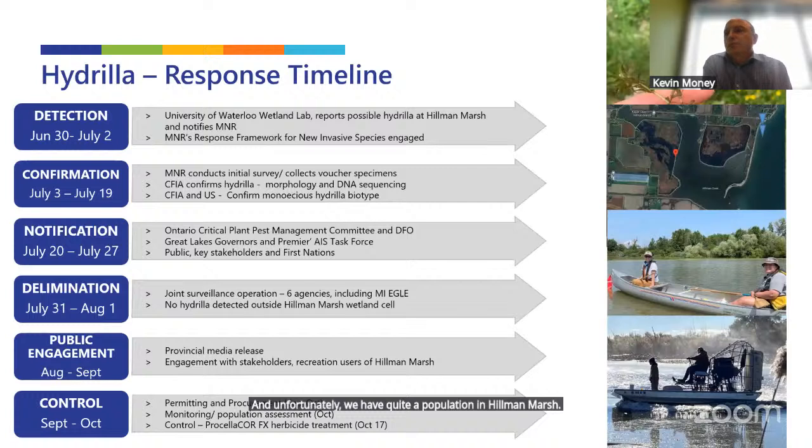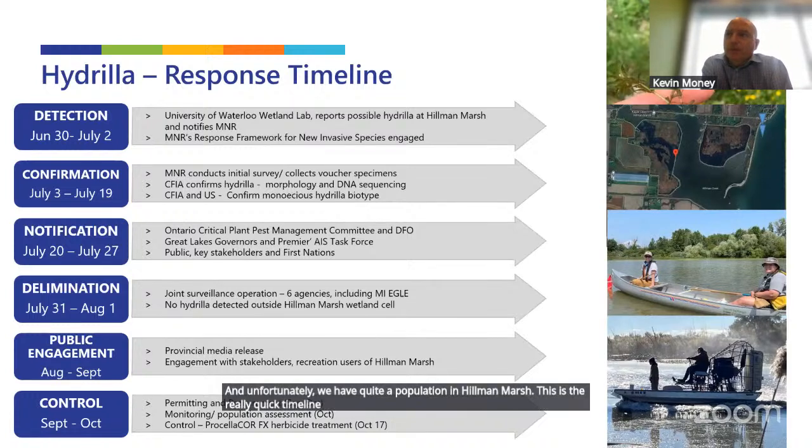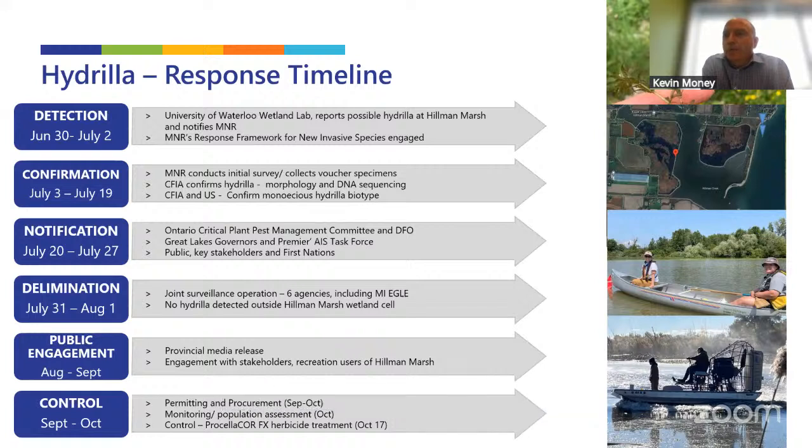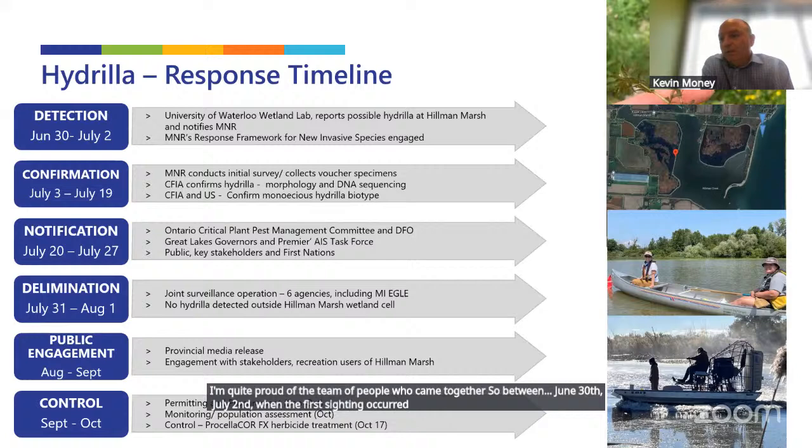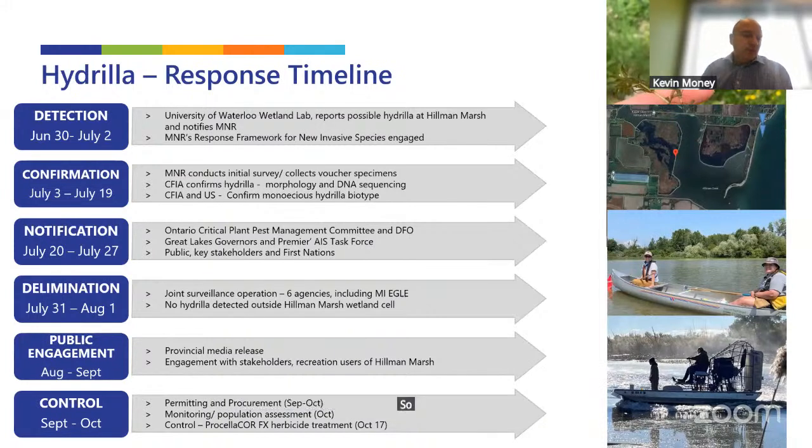This is the really quick timeline associated with the hydrilla rapid response. I'm quite proud of the team of people who came together. Between June 30th and July 2nd, when the first sighting occurred, and October 17th, we were able to initiate a herbicide control, about a 4 to 5 month time frame.